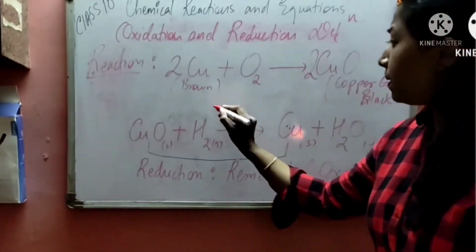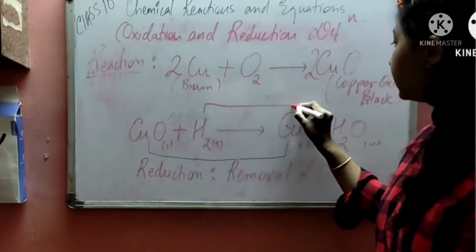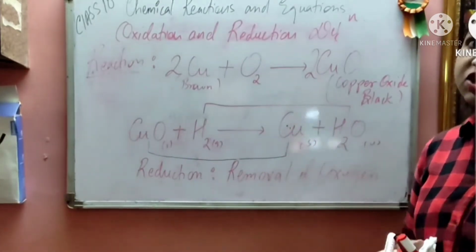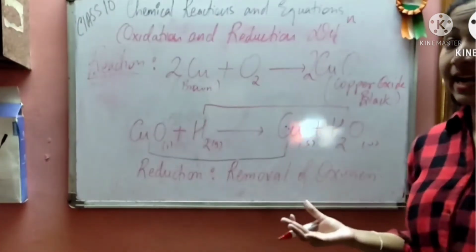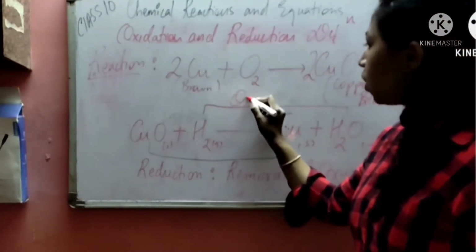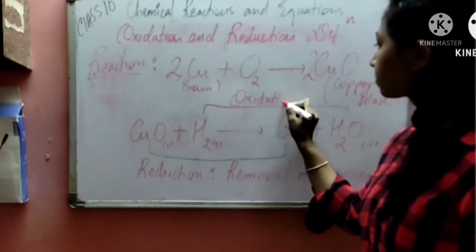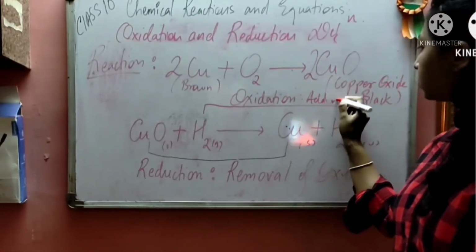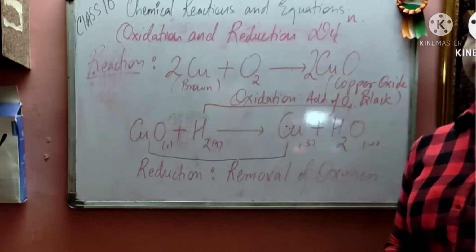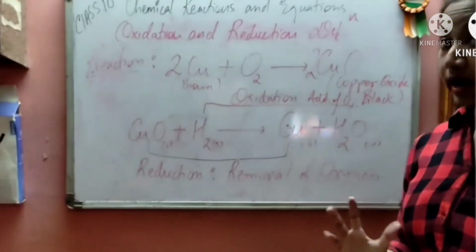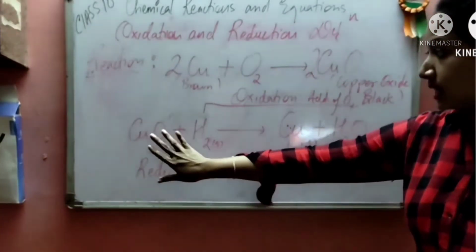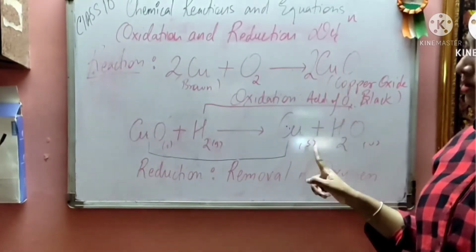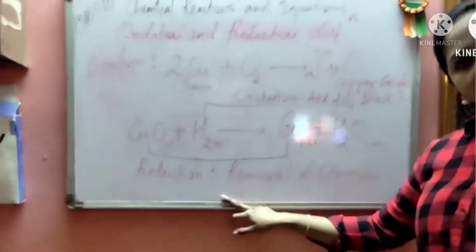Okay, now let's see about hydrogen. Hydrogen is getting oxygen. That means oxidation is taking place. What is oxidation? Addition of oxygen. Again we'll see, copper oxide is losing oxygen and forming copper, that means copper oxide is undergoing reduction.